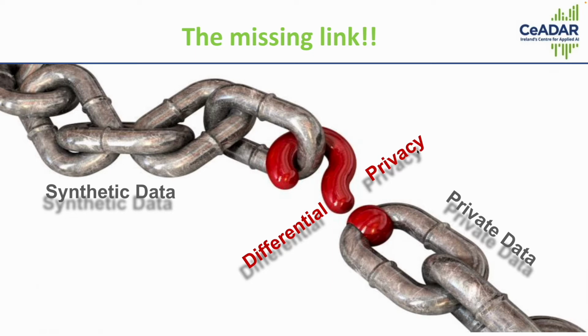But one thing to know about differential privacy definitely is that it actually quantifies something as abstract as privacy. So in this video, we'll explain what it is. And in our next video, we'll explain how differential privacy can be used to create private synthetically generated data. So to complete this missing link.